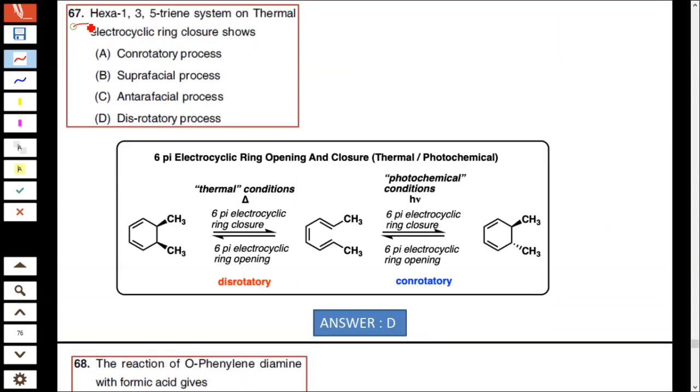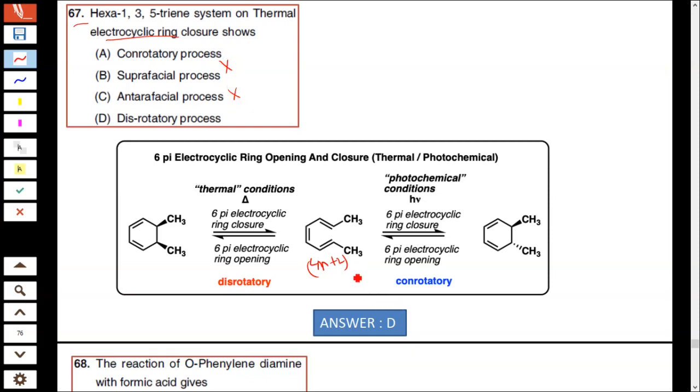Question number 67. Hexa-1,3,5-triene system on thermal electrocyclic ring closure shows conrotatory, suprafacial, antarafacial, disrotatory. Here it's a 4n plus 2 system, hence suprafacial and antarafacial are ruled out.